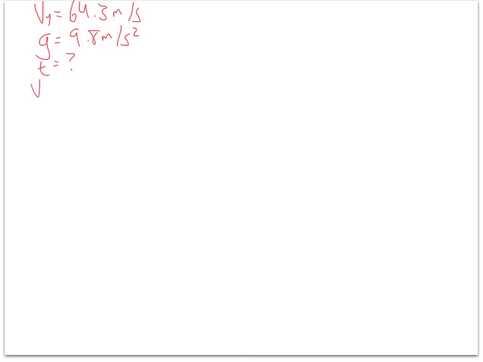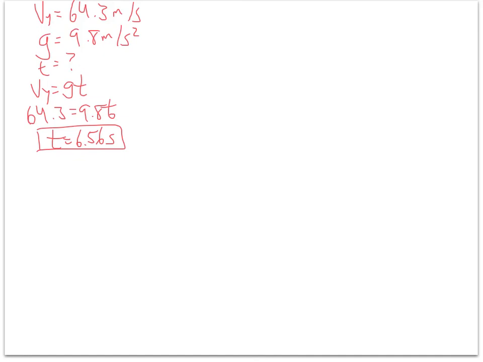So let's do that now. Vy equals gt. So 64.3 equals 9.8 t. That's a t. So my time is 6.56 seconds. That's how long it will take to reach the ground from the peak to the ground.